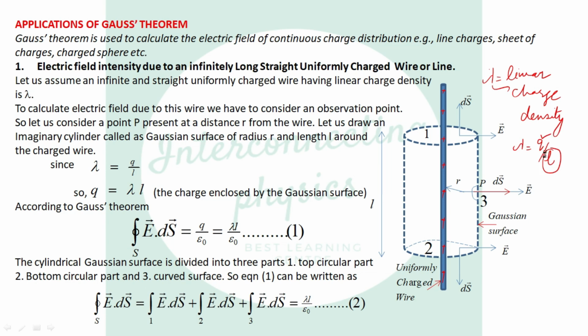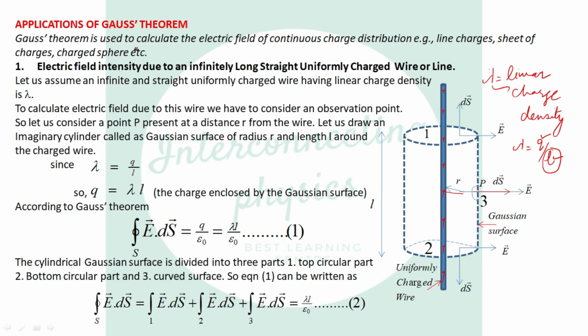Let us consider a point P at a distance R from the wire. Now we draw a cylinder whose radius is R and length is L around this wire.